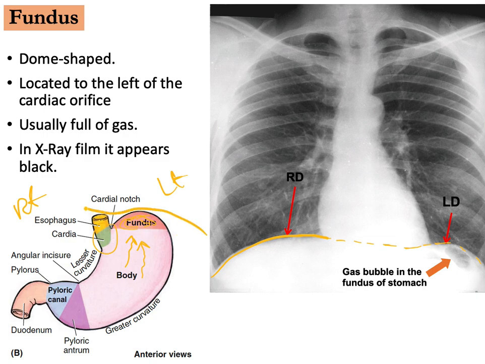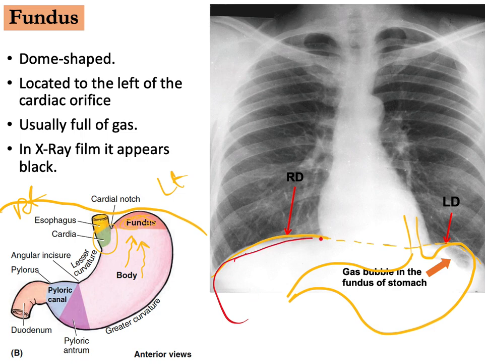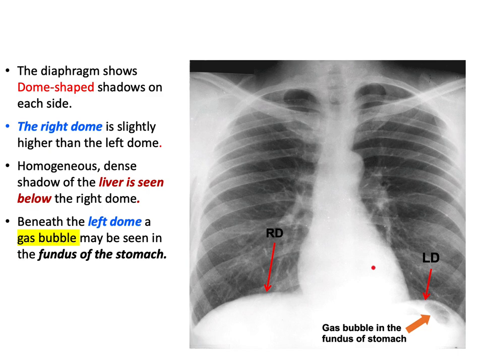So this is the diaphragm here. This is the fundus of the stomach, and here is the shadow of the liver, right? Anyway, look at the gas here, under the left diaphragm. This is a gas bubble in the fundus of the stomach, in X-ray.